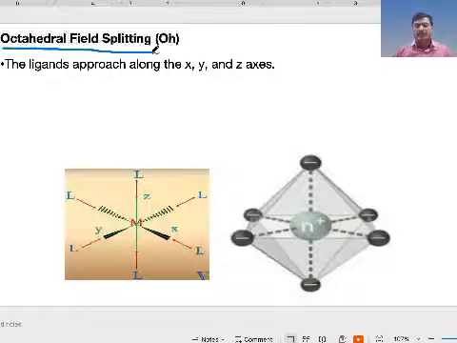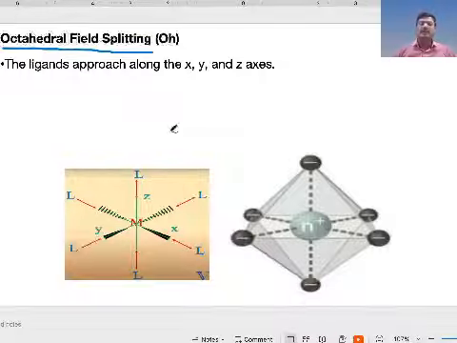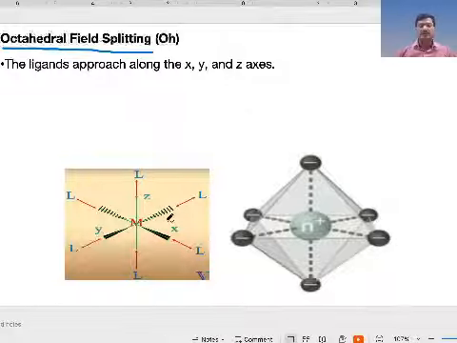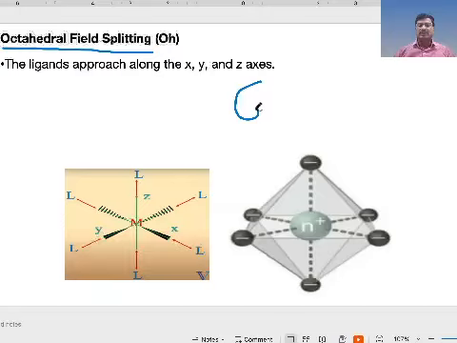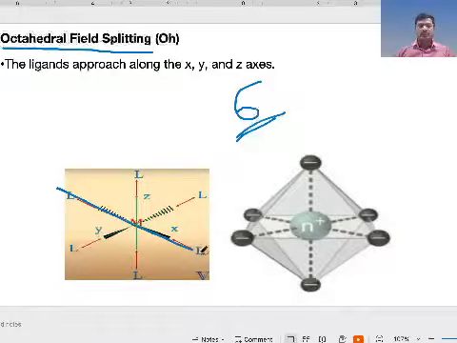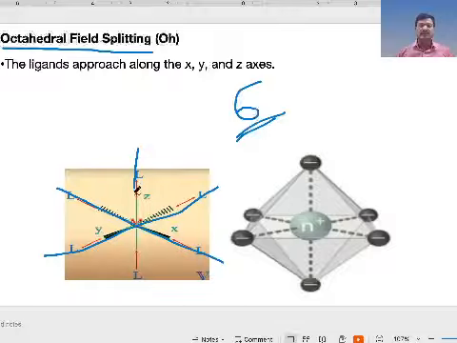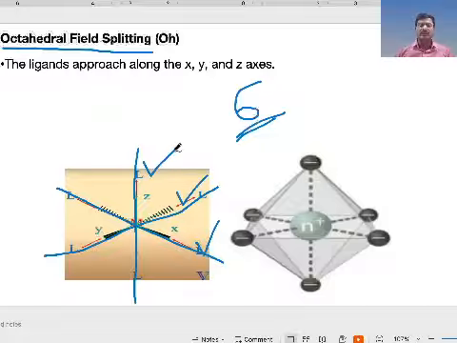To understand the splitting of d orbitals in an octahedral field, first you have to know what the octahedral structure is. Generally, in the octahedral structure, a total of 6 ligands are present around the central metal ion. Of these 6 ligands, 2 are present on the x-axis, 2 on the y-axis, and 2 on the z-axis.